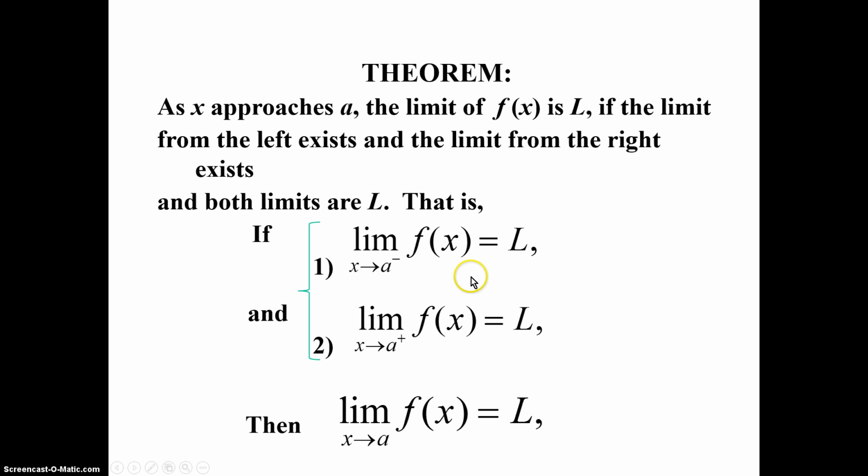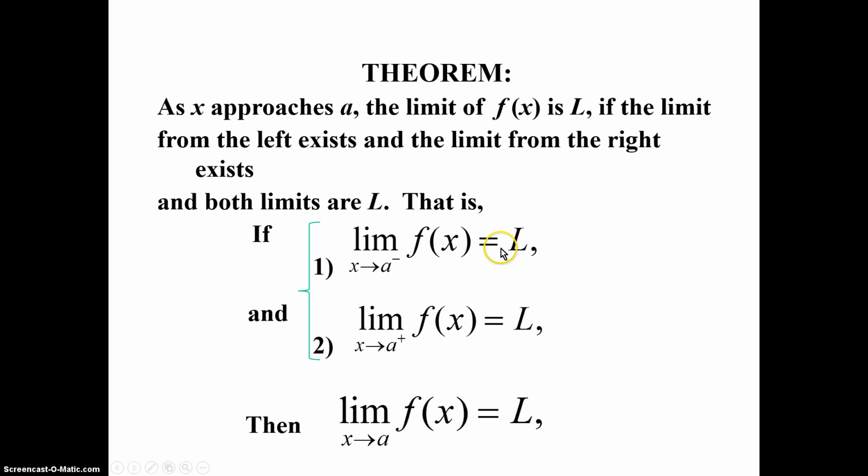Basically what this is saying is, if you're going to take your overall limit of something, so this is your overall limit right here, the limit of f of x as x approaches a equals L. Well, before you can even say that, you have to take the limit from the left and the limit from the right, as in case 1 and case 2.